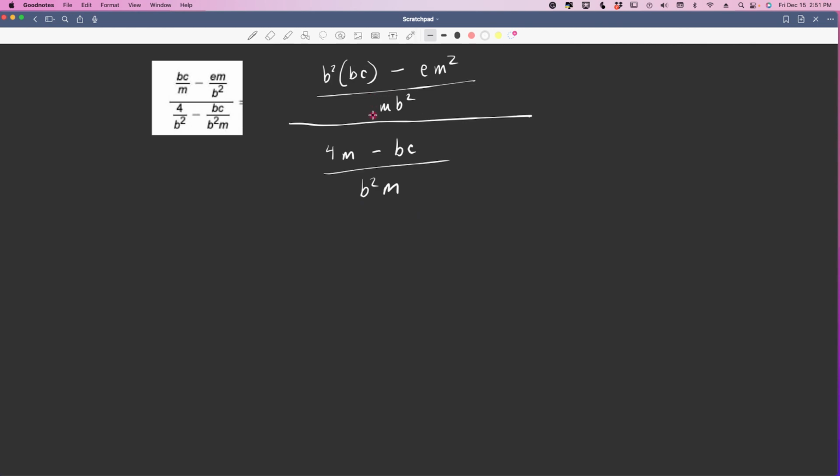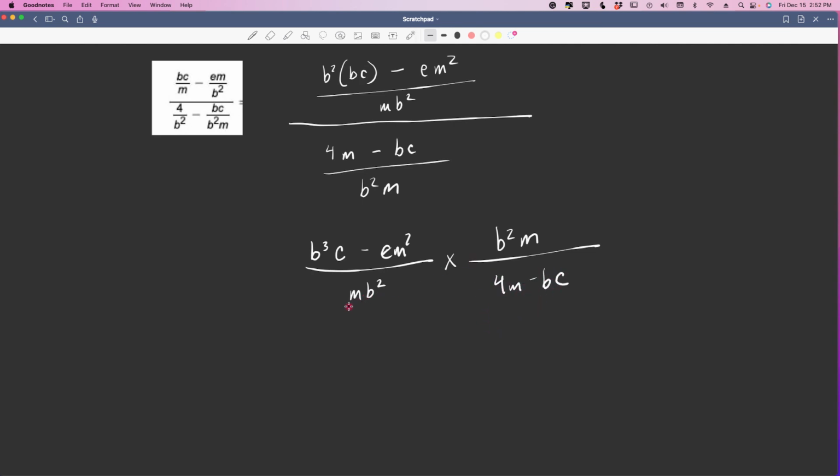Now we can keep it, change it, flip it. So we've got b cubed c minus em squared over mb squared, times b squared m over 4m minus bc.